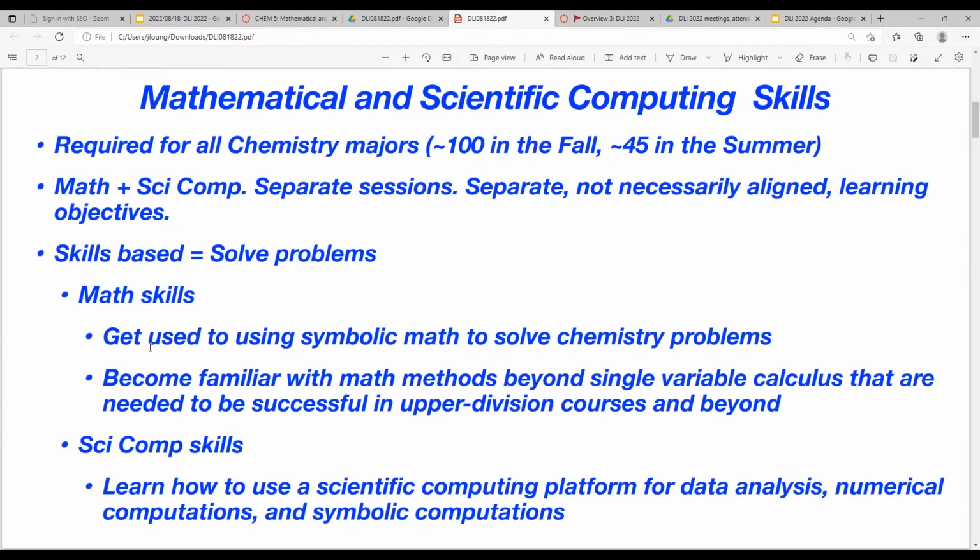And the reason for that is that chemistry has such a broad scope nowadays that students stop taking math in the math department after multivariable calculus. And there is a big gap between that and the math they need for the upper division classes. So it's up to the chem department to fill that gap. And that's happening everywhere in the country. It's not only here, it's a common thing.